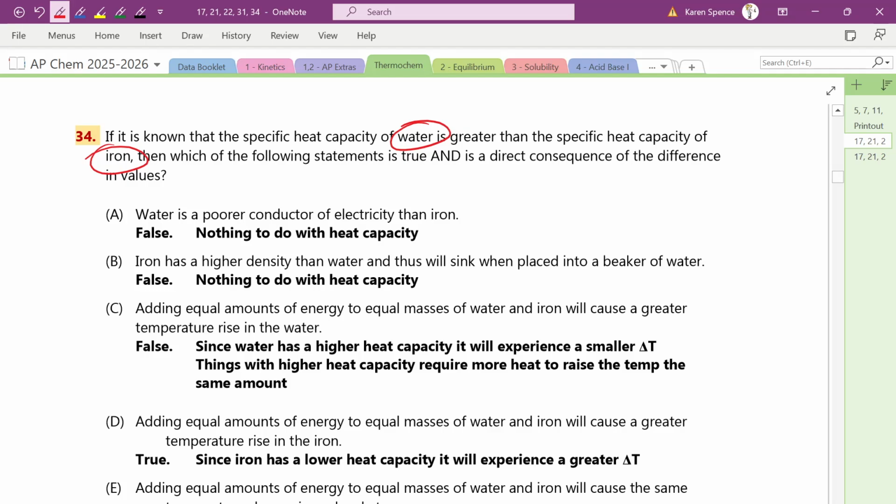That has nothing to do with heat capacity. Heat conduction and electricity conduction tend to go hand in hand, but they're not actually related in any particular way. So no. Iron has a higher density than water and will thus sink when placed into a beaker of water. What does that have to do with heat capacity? Absolutely nothing.